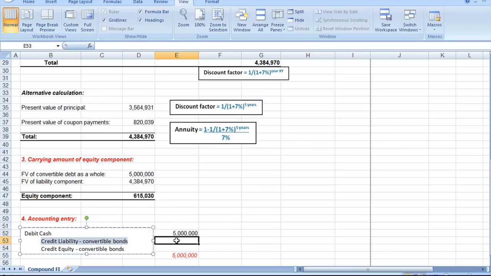We credit liabilities, convertible bonds with 4,384,970. And we also credit some equity accounts, convertible bonds, with 615,030. Yeah, and that's it. We have split the compound financial instrument into equity and liability components.